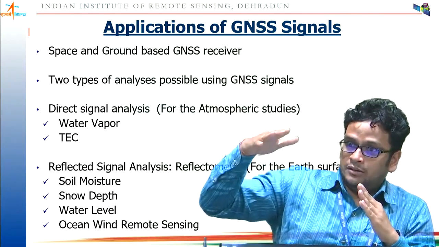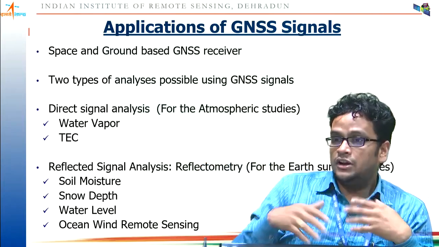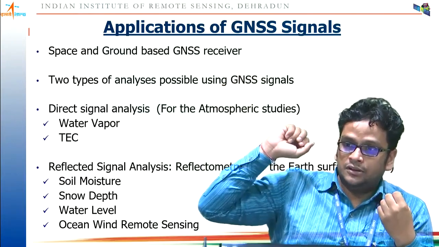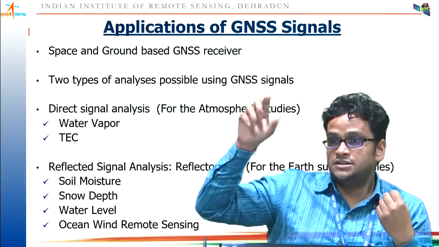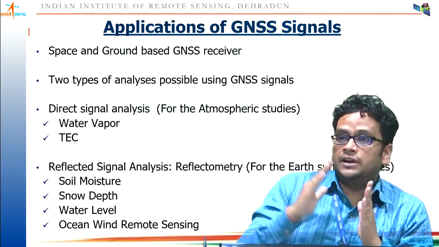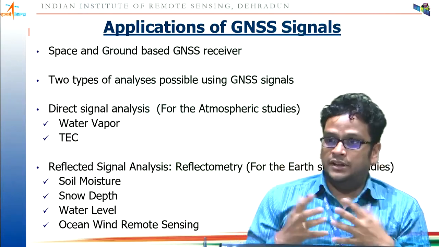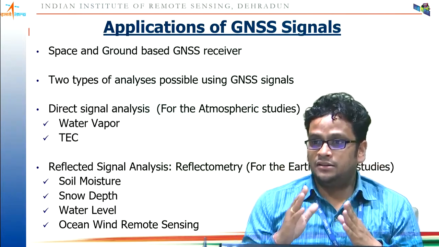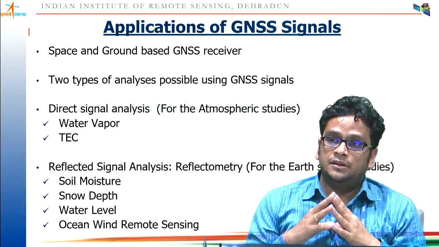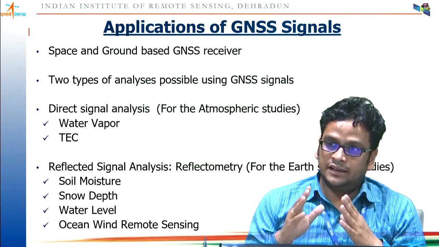When it passes through the ionosphere, it will carry the information of the ionosphere, the electron content, or the delay will be there because of the ionosphere. Secondly, when it passes through the troposphere, it will carry the information of the troposphere, or the delay will be there because of the troposphere. So what will happen when we are able to estimate these delays?